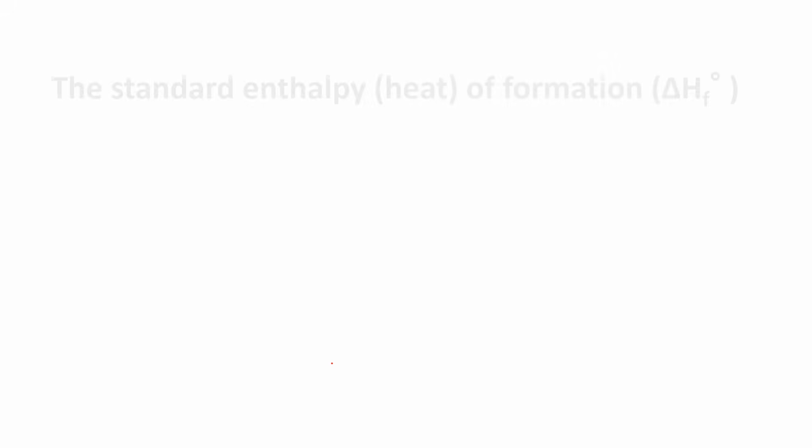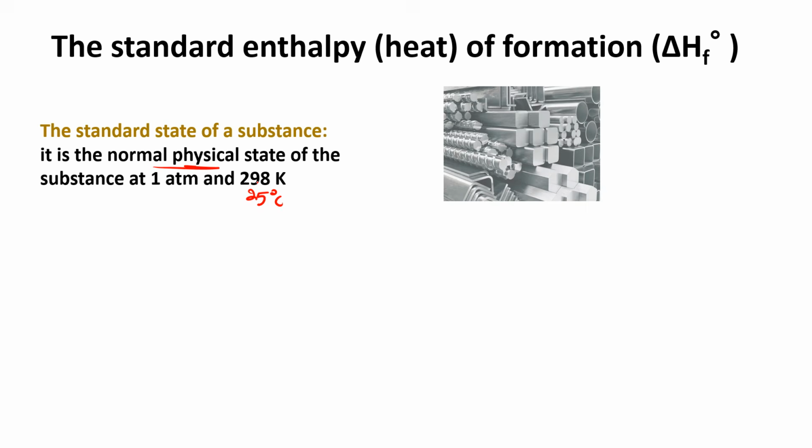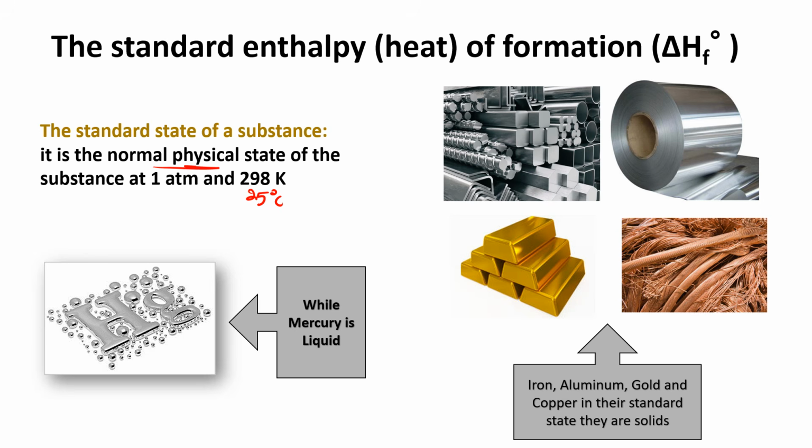Alright. So the standard state of a substance means 1 atm and 25 degrees Celsius, and it has the normal physical state at these temperatures and pressures, okay? And so on.